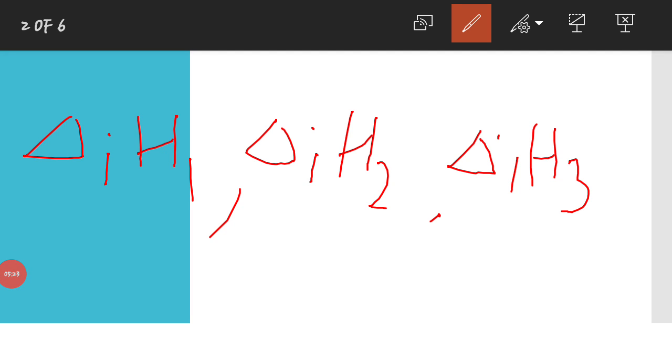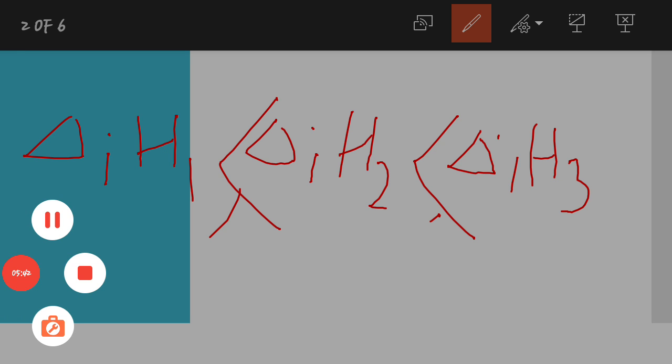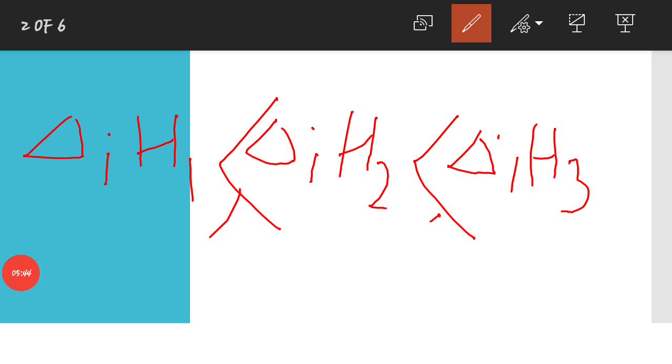It is found that for an atom, the increasing order of successive energy is this. Explanation: after the removal of one electron from the neutral gaseous atom, a cation is formed.